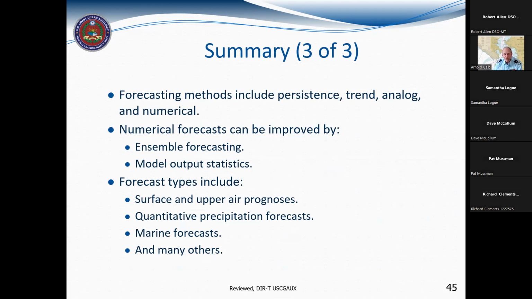Lastly, although not a topic for this course, machine learning and AI, of course, no doubt, are being applied to improve weather forecasting.